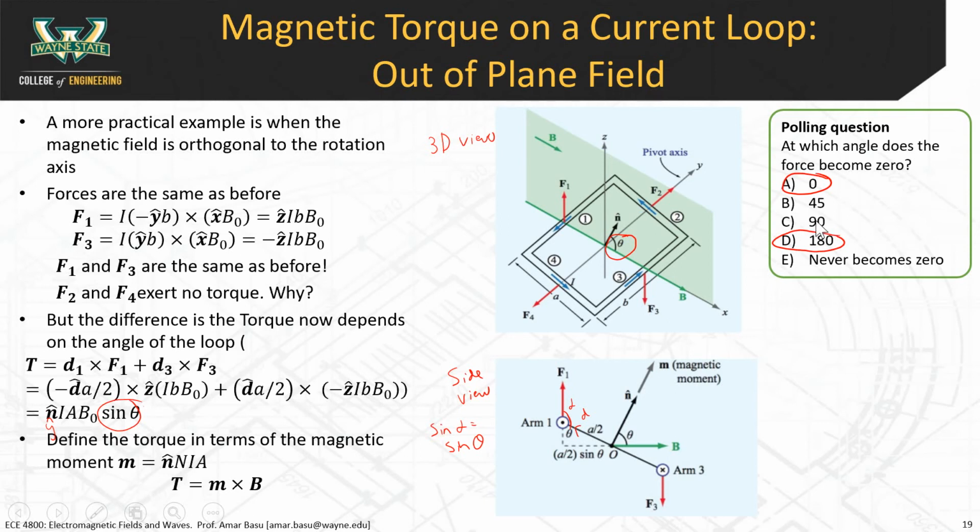So when theta is 90, it'll reach a maximum torque, and it will reach a minimum when it becomes 0 or 180 degrees, because sine of 0 is 0 and sine of 180 is 0.